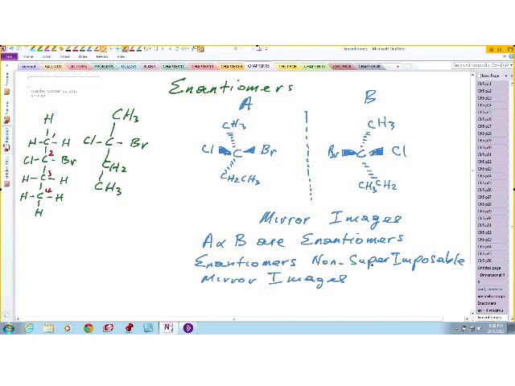Now, then you begin to wonder, if these are different molecules, what kind of name are we going to give them? Because if you look at this molecule here, does anybody know what the name of this molecule is? The way it is written right here, based on your knowledge of nomenclature so far.